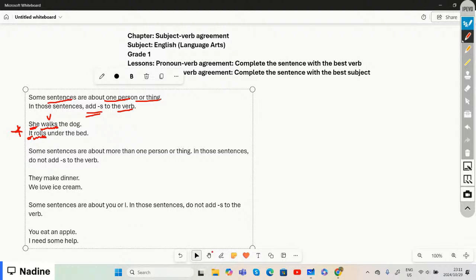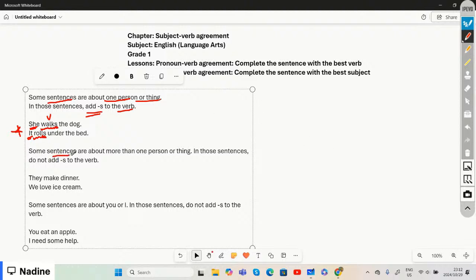Some of our sentences are about more than one person.